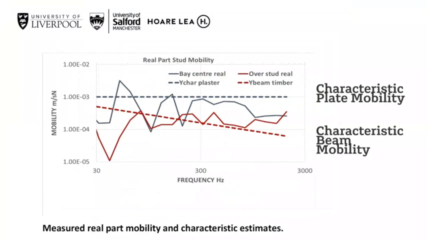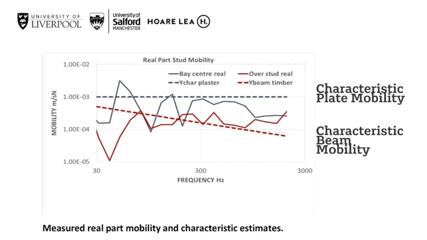In the bays, which is the gray line, if you compare it to the characteristic mobility of a plate of that thickness, which is the dotted gray line, you can see the agreement in most of the low frequency range is quite good, even in 1/3 octaves, and even in the extended frequency range it is within a decade. So that is very good agreement.